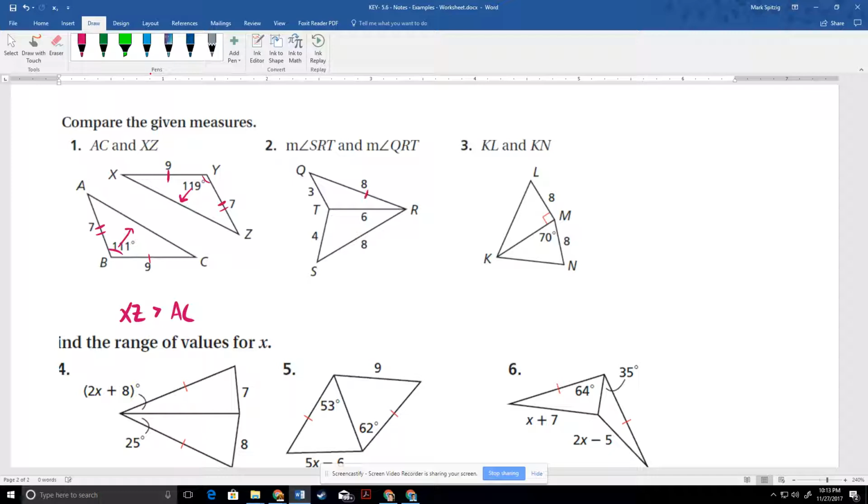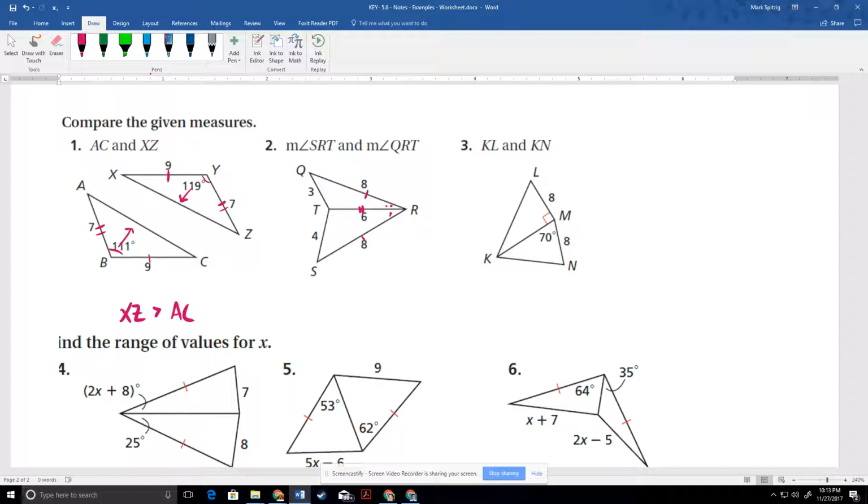Okay, so I'm going to go ahead and mark some other things. We have the 8 and the 8. The 6 is part of both these triangles. Now we're trying to look at these angles. SRT is this angle right here, and this angle right here is QRT. I can compare these angles because this is the hinge angle between the two congruent sides, so I can compare using the third side over here.